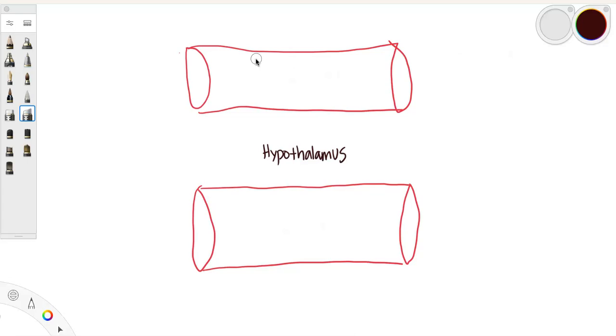So how does the hypothalamus do this? I've got a hypothalamus here, and the hypothalamus has vessels in it that help to monitor the osmolarity and ultimately monitoring blood pressure.